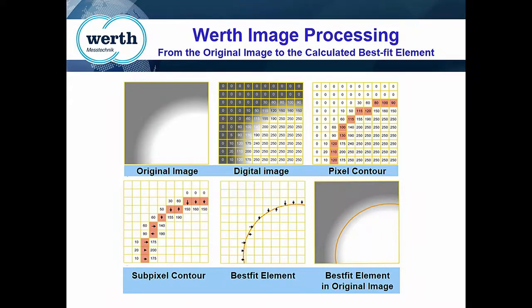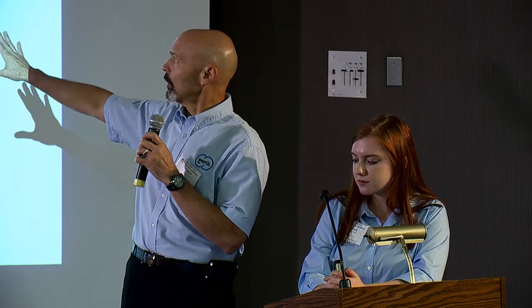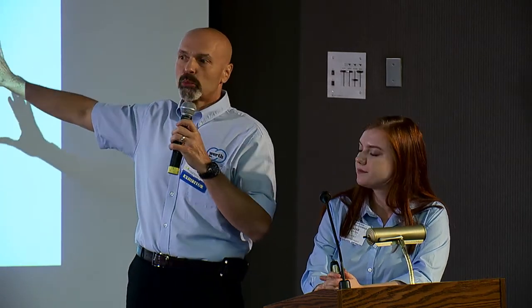From there, we're able to subpixel or go into the pixel and interpolate where your point would be. We don't just put the point in the center of the pixel. So that gives you a higher accuracy on your contour. So going from a pixel or a CCD chip, this is every optical system works the same way.